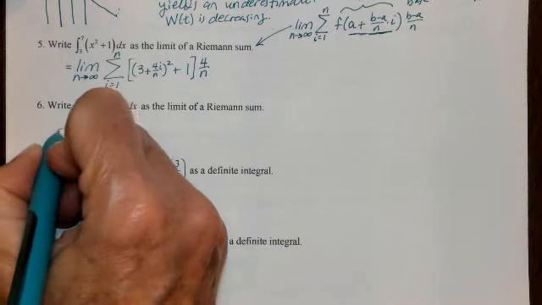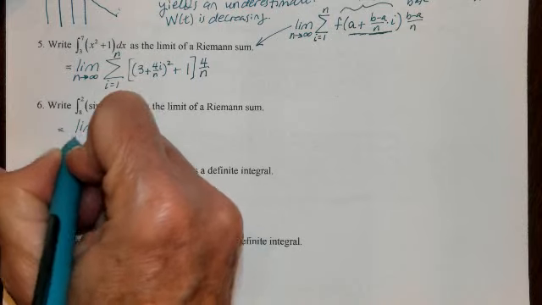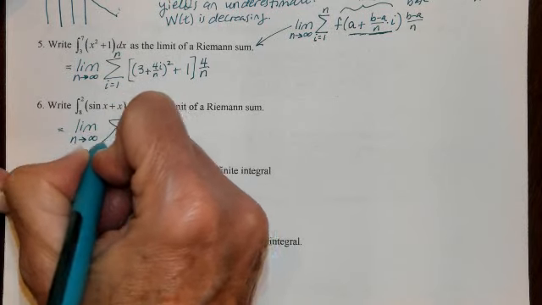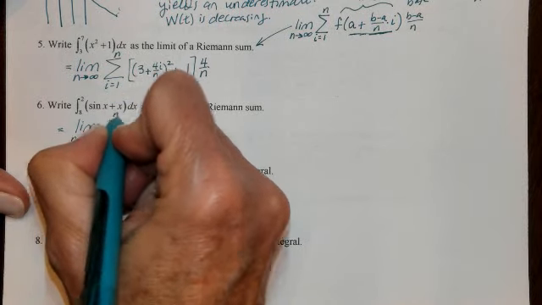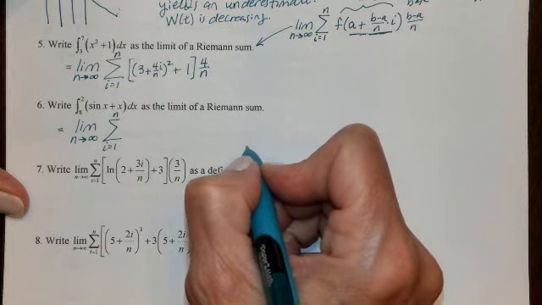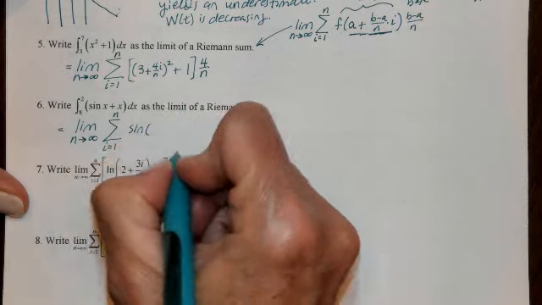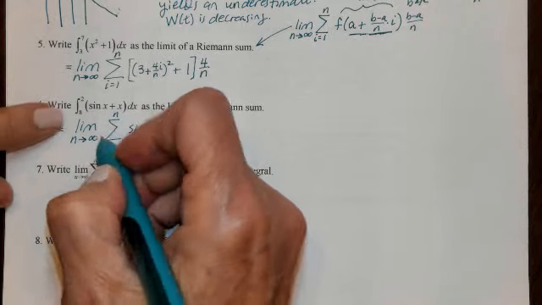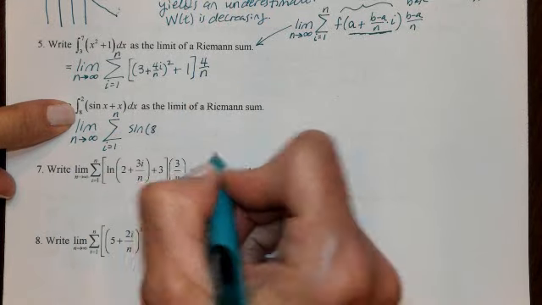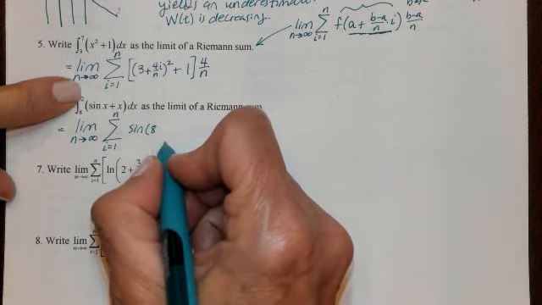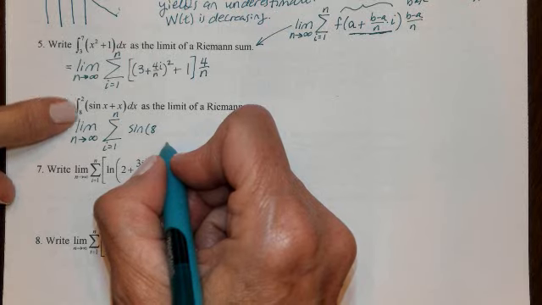Okay, let's do this one. Limit, n goes to infinity, sum, i goes from 1 to n. Okay? Sine of something. Sine of what? A plus b minus a. What is b minus a here?